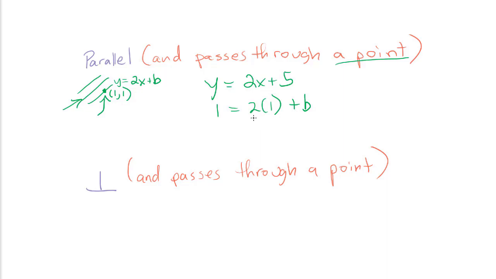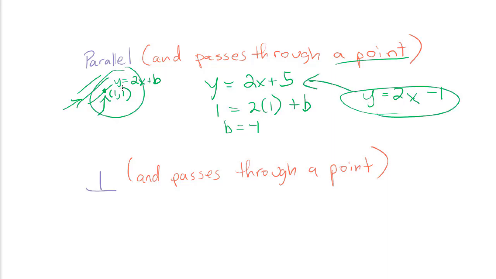Well, now I can solve for b. Subtract 2 from both sides. b equals -1. The parallel line that passes through 1, 1 is y equals 2x minus 1. This is parallel to my original line, but it passes through the point 1, 1.